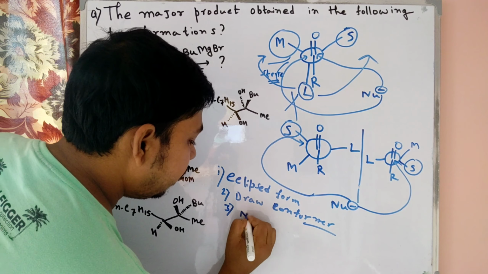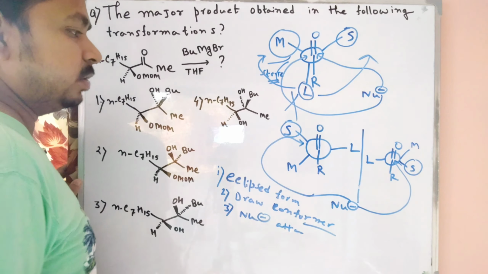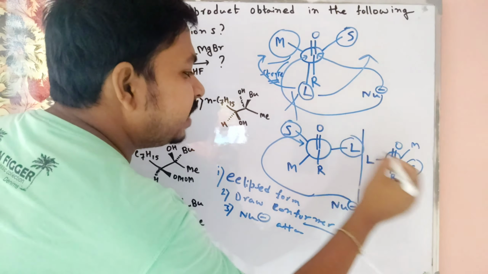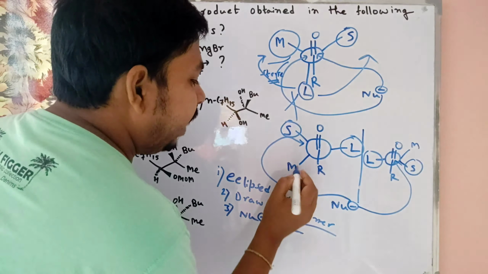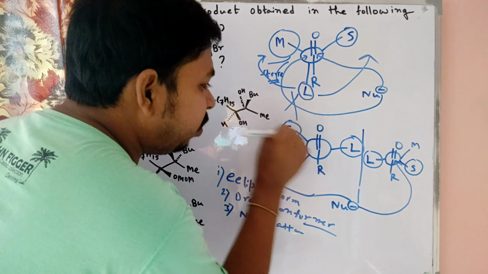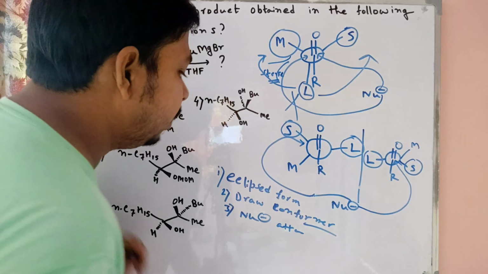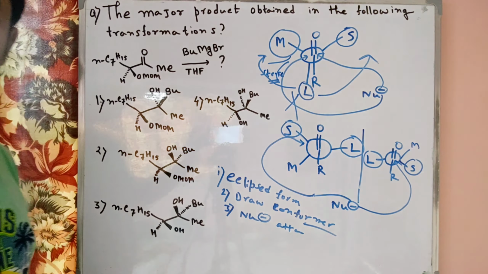And third, nucleophilic attack takes place. Now the large group is present here, so this side is more stable, and when nucleophilic attack takes place on the small group side, this one is more favorable. Now we discuss this problem, how to solve it.